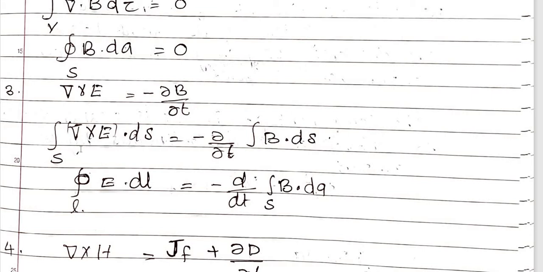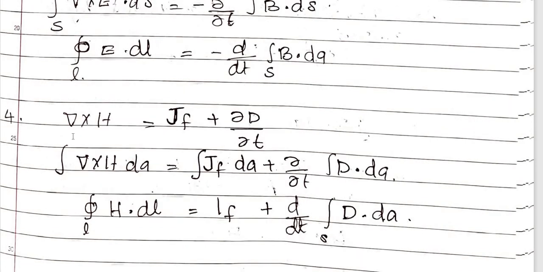So the surface integral of del cross E dot dA is equal to minus d by dt of the integral of B dot dA. Using Stokes' theorem, closed integral E dot dl is equal to minus d by dt of the integral of B dot dA. This is the integral form of Faraday's law.